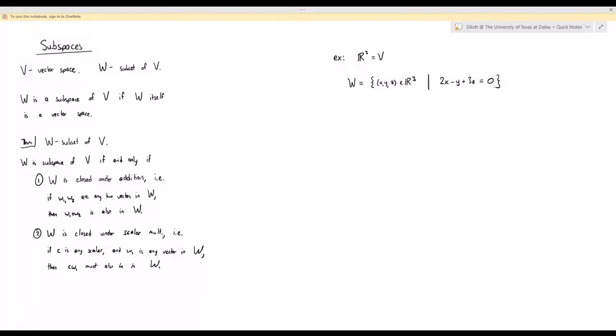So it's a specific subset of R3. W consists of the vectors which satisfy this equation. And we want to check if this set W is a subspace of R3 or not.